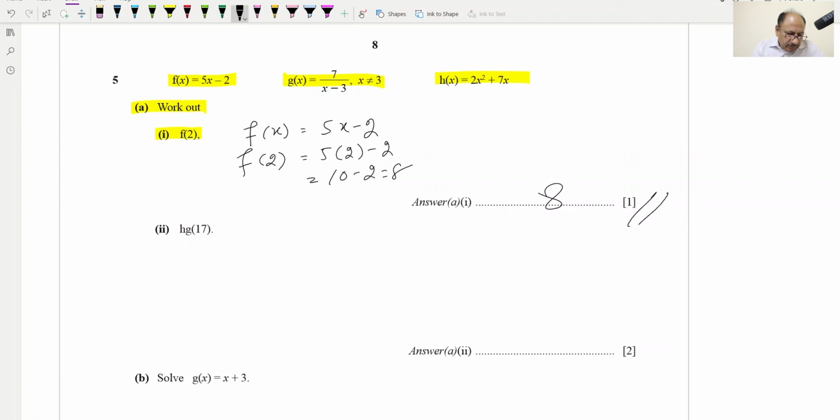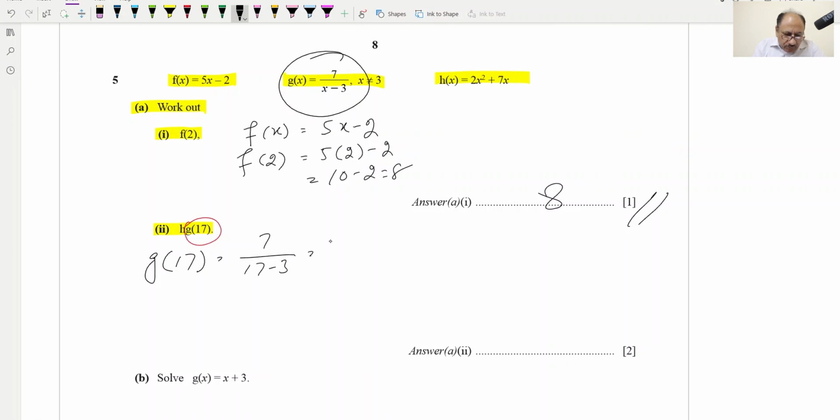Hopefully you understood this. Now for the second part, hg of 17. First of all, we will find g of 17, and g of 17 will be what? G of 17 we will check from here. So we will write 7 over 17 minus 3.